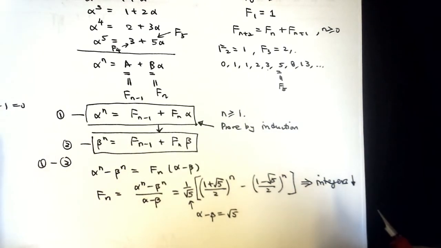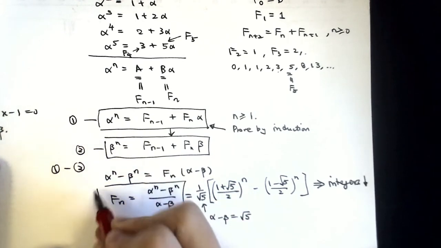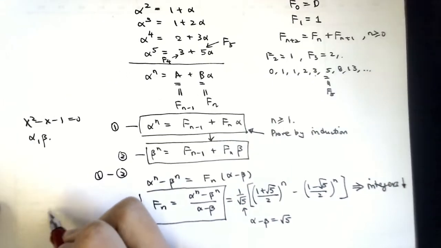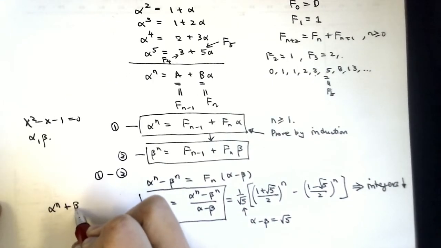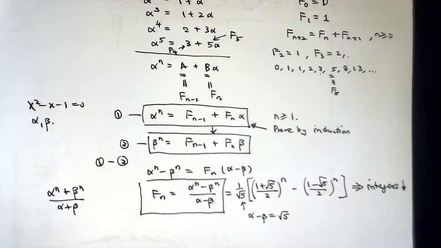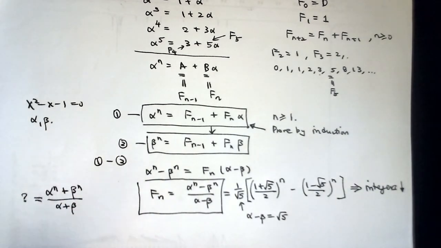Now, it would be very interesting to note that if we use alpha and beta to express the Fibonacci numbers in this form, what will alpha to the n plus beta to the n over alpha plus beta be? Why do we want to ask this question?